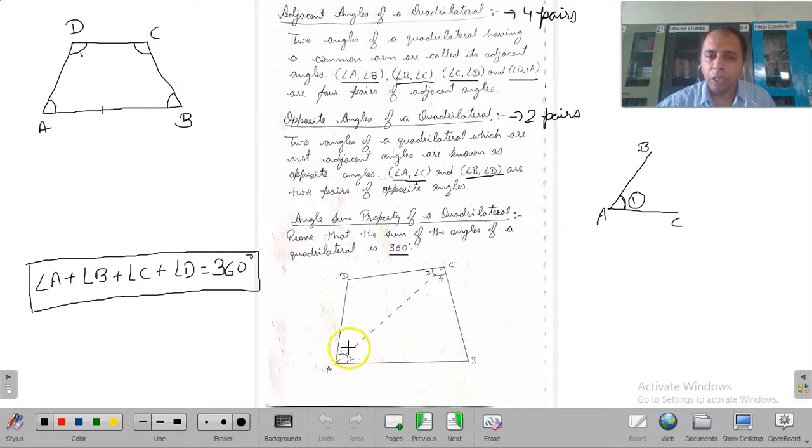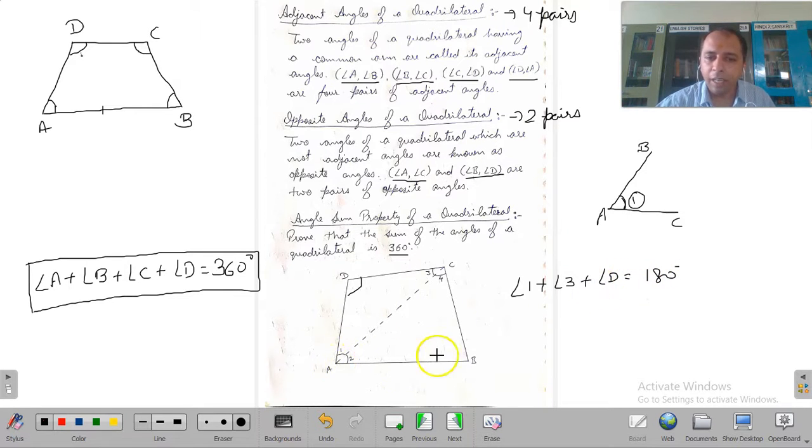So in triangle ACD, we have angle 1, angle 3 and angle D. So what can I write down? Angle 1 plus angle 3 plus angle D is equal to 180 degrees.